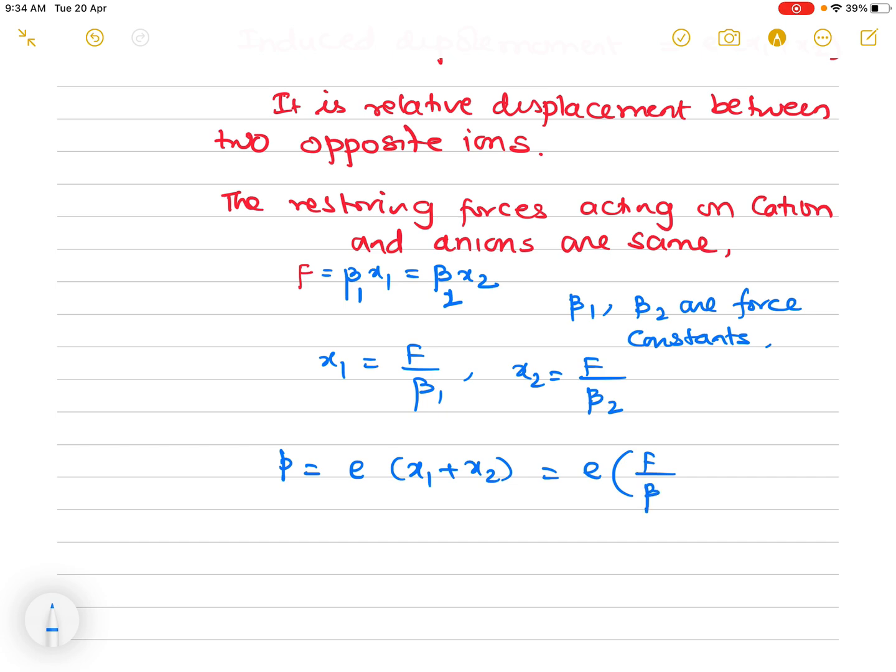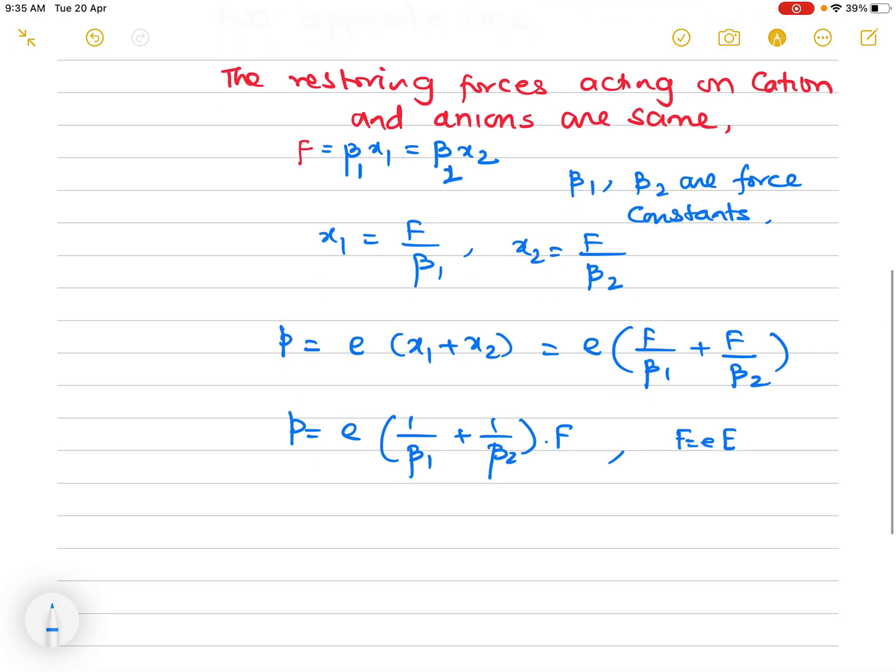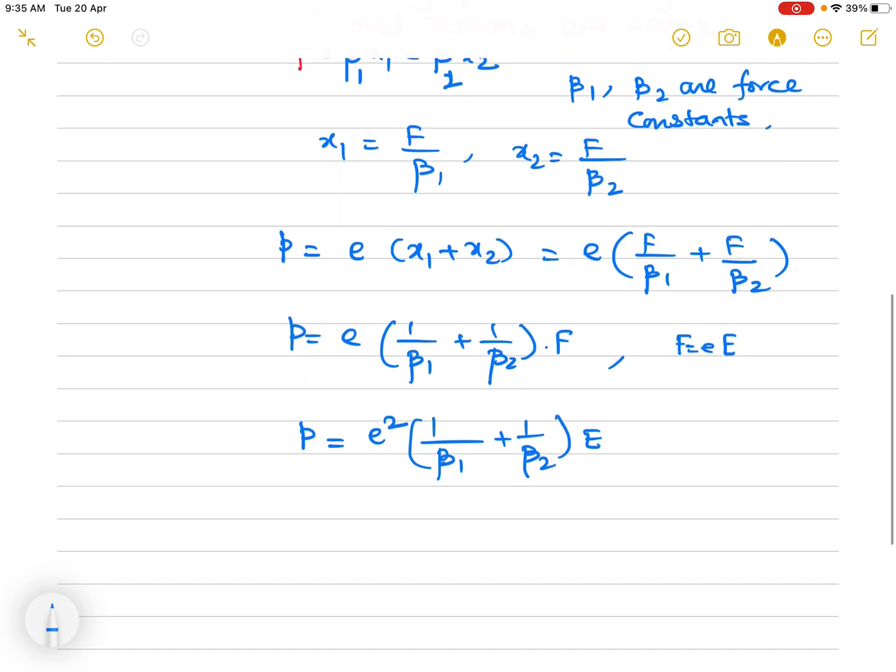So therefore, P is equal to e times 1 by beta 1 plus 1 by beta 2 times F, where F is equal to e times capital E. So therefore P is equal to e squared times 1 by beta 1 plus 1 by beta 2 times E, where beta 1 is, let us say, capital M omega naught squared, and beta 2 is small m omega naught squared.